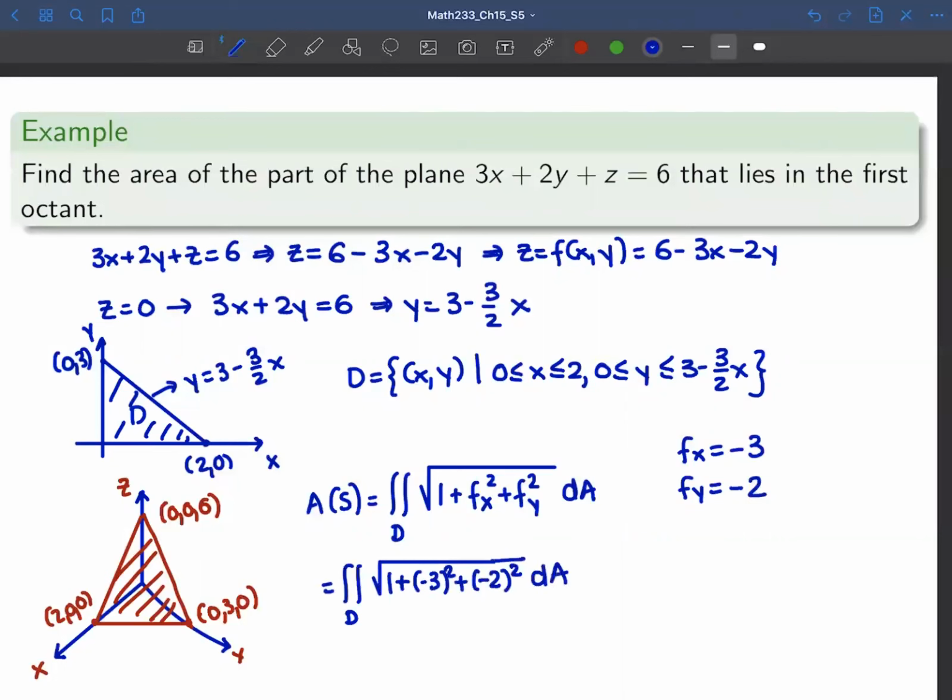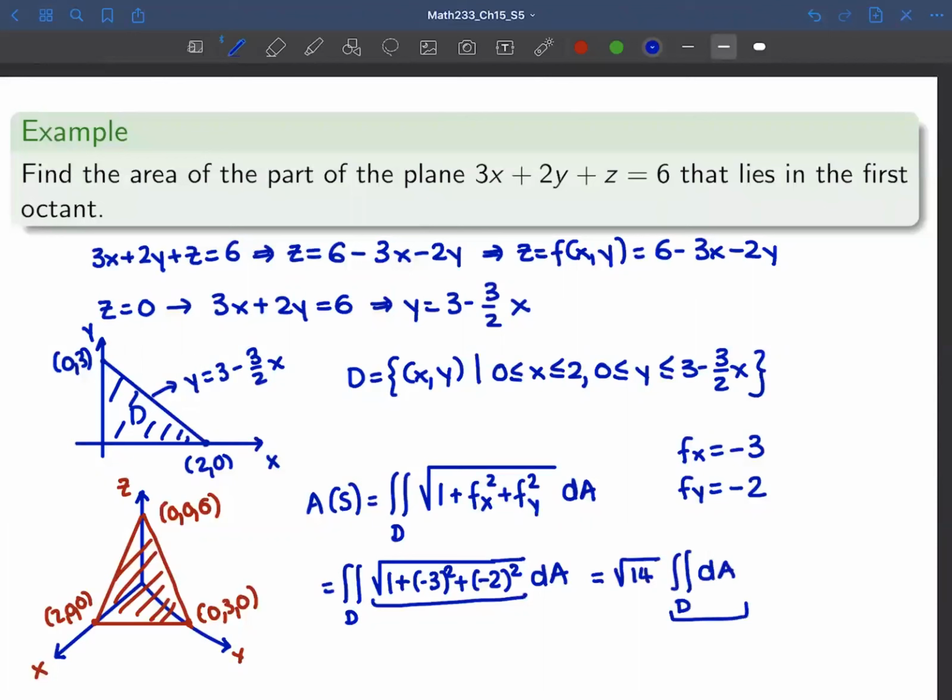And we don't even need to use the region D's limits, since it's only a triangle. What we have in the square root gives us the square root of 14, and then we need to evaluate the double integral over the region D of dA, which is exactly the area of the region D, a triangular region.